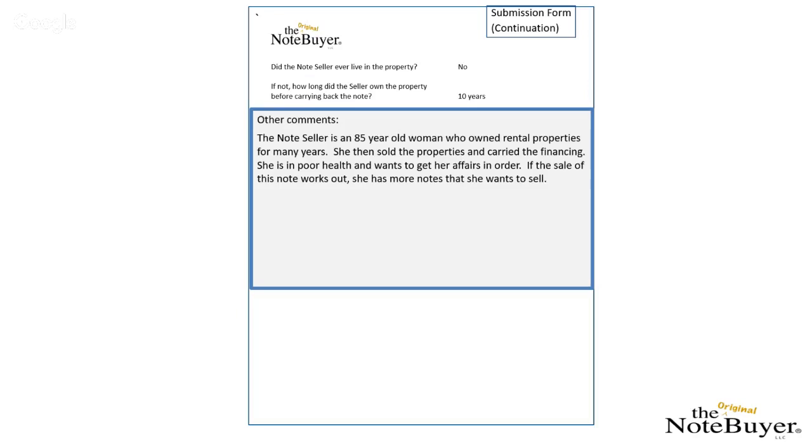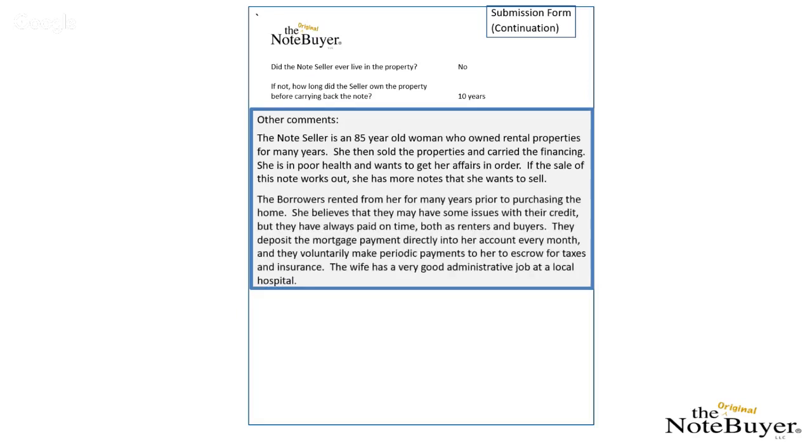She was selling the note because she was very ill and she was trying to get her affairs in order before she passed. And she told me all about the borrowers renting and all of that. So I knew that this note seller, she didn't have a bad note that she was trying to dump on somebody. I knew that this was a good, solid deal because she had been working with these people for years.